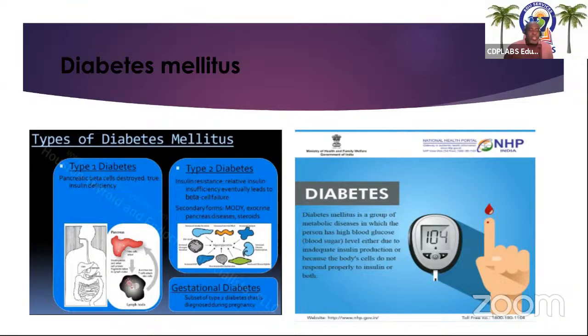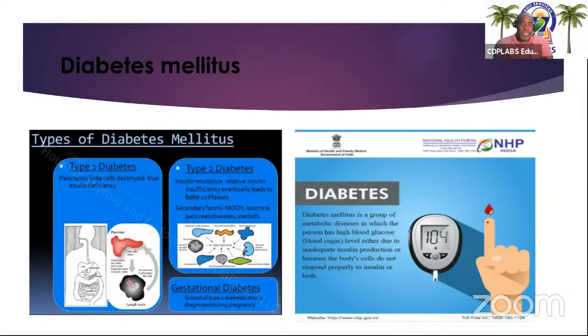Now, as we can see in this picture, they test your blood sugar level by pricking you with a pin, and the blood sugar level can tell you if you have diabetes. Diabetes mellitus is a group of metabolic diseases in which the person has high blood glucose, which some people call blood sugar level, either due to inadequate insulin production, or because the body cells do not respond properly to insulin, or both.